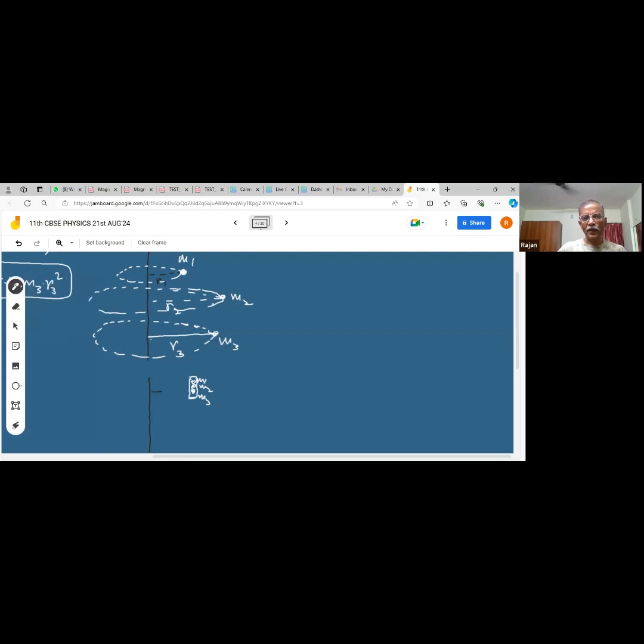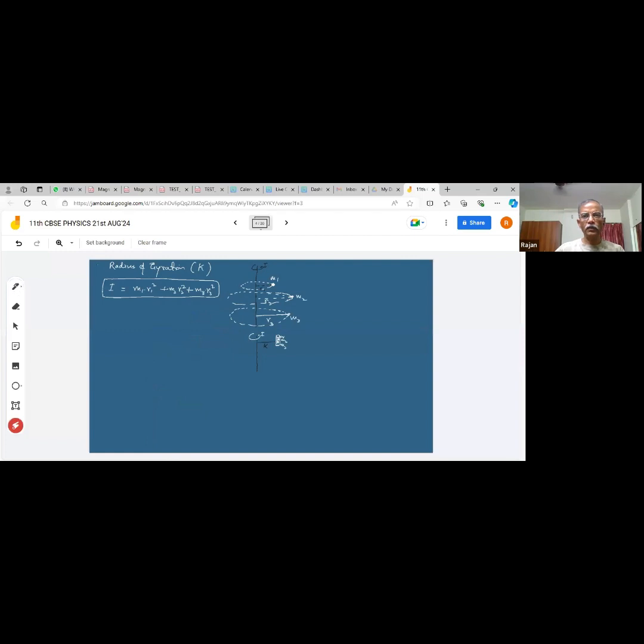That distance is radius of gyration. That distance is your K. K says that it will give you the same I as we are getting in the above figure, right? You can check it. Whatever I we are getting here, the same I we will be getting here. If I am keeping all three masses at the same distance, that distance is radius of gyration.